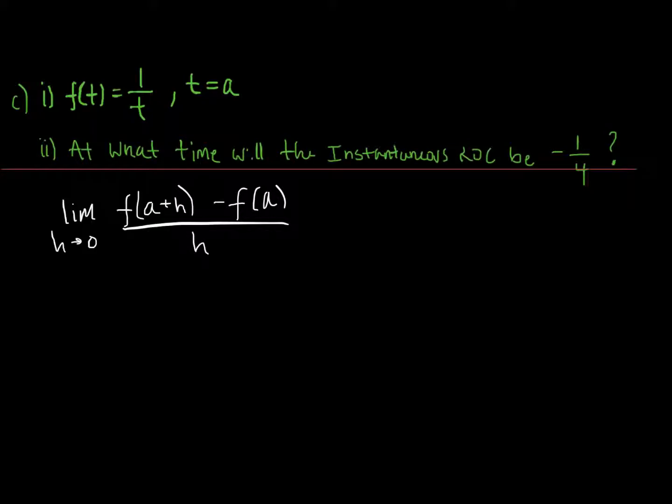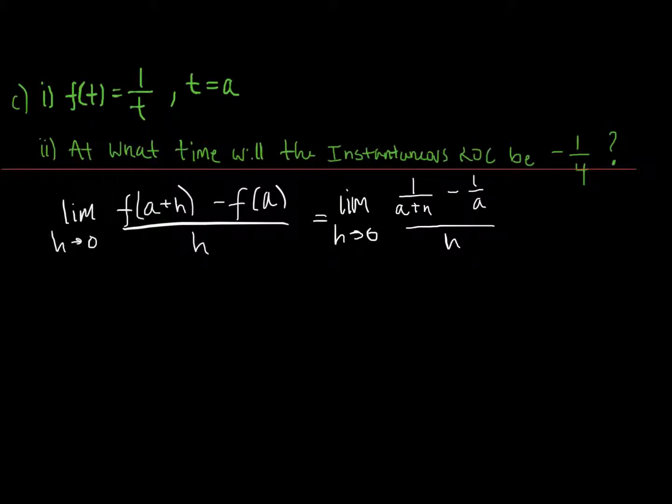Remember, when we're finished with this, we're going to have some value of a somewhere, and that's going to allow us to plug in any time we want and figure out the instantaneous rate of change. So if I continue on here, I'll have the limit as h approaches 0, and f of a plus h, so this is going to be 1 over a plus h, minus 1 over a, divided by h.